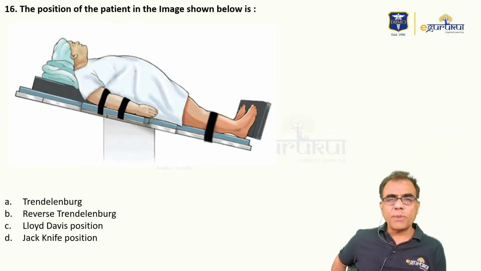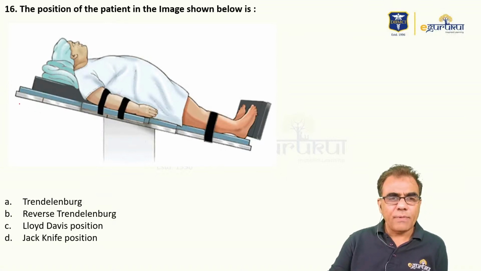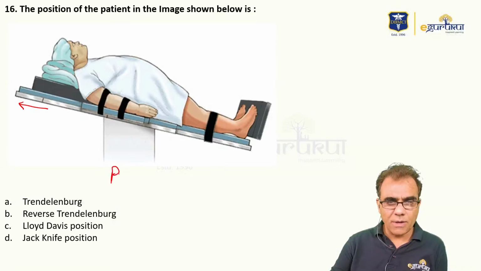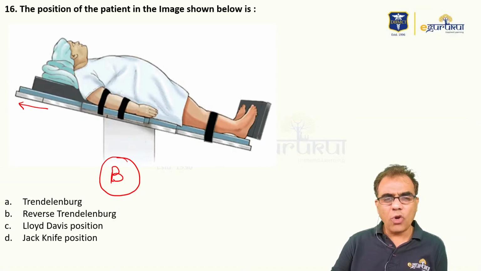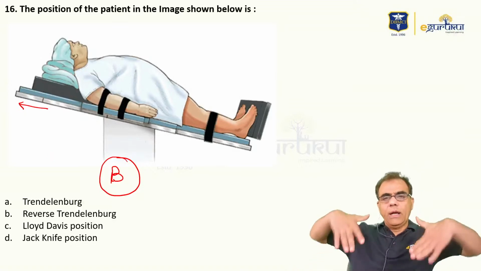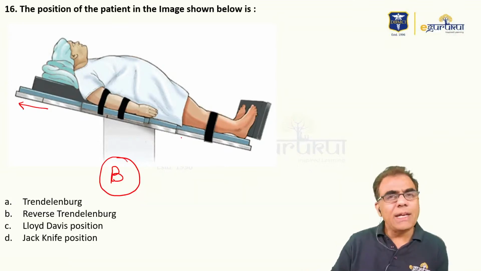16. The position of the patient in the image shown is Trendelenburg, reverse Trendelenburg, Lloyd Davies, jackknife. Head down position is called Trendelenburg, while head up position is called reverse Trendelenburg. Now, the most important consequence of reverse Trendelenburg for anesthesia will be decreased venous return. Head up in this position, so there will be decreased venous return.